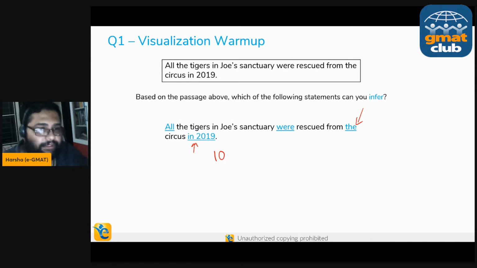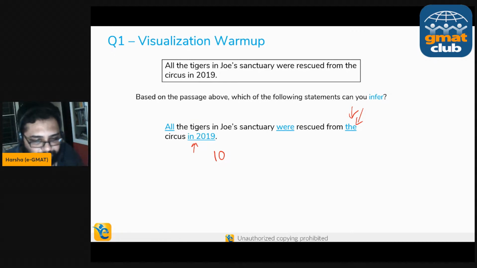It means that these tigers were rescued in 2019. We don't know which year we are in right now. Now, what I really want you to understand here is, when it comes to rescued from the circus, how many tigers are there in the circus, which eventually some of them were rescued, some of them may not have been rescued.